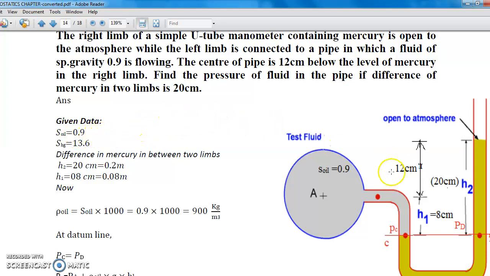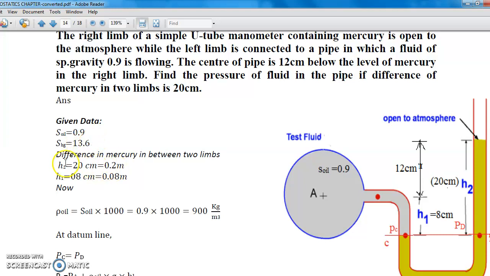Another thing, this is a manometer containing the manometric liquid, and the question says the manometric liquid is mercury. So all of you know that you have to remember this value: the specific gravity of the mercury is 13.6.